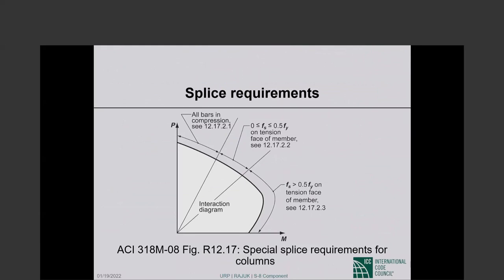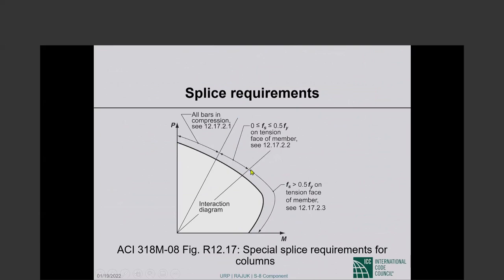Okay, the only thing that I maybe will spend a few seconds on. So this is, again, the load-moment interaction diagram. The P sub n is on the y-axis, typically M sub n on the x-axis.